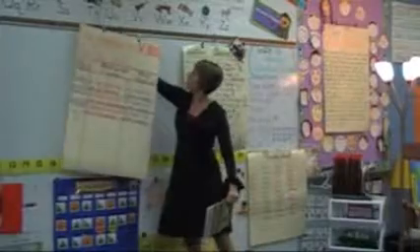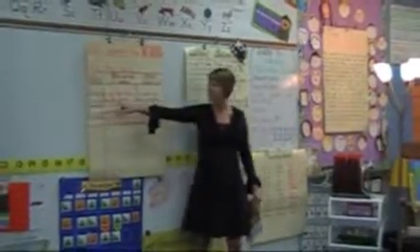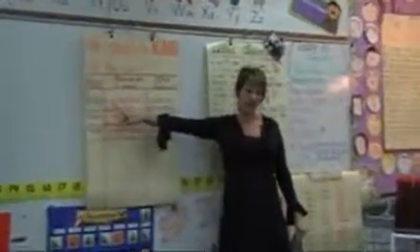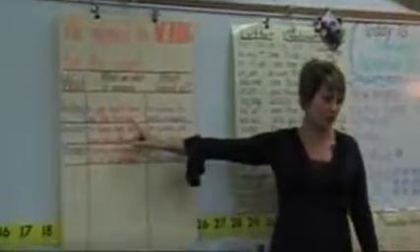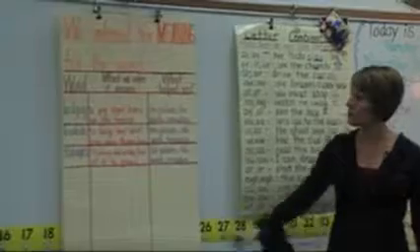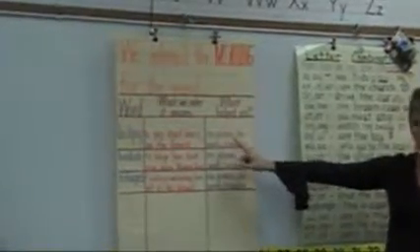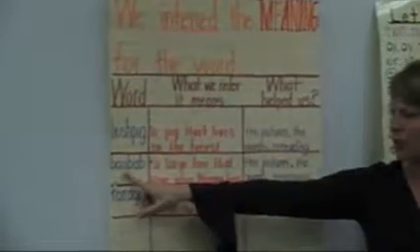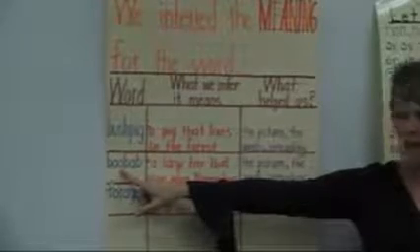But you know what we did? We were able to infer the meaning of bush pig. And we decided that a bush pig is a pig that lives in the forest. And we figured it out because we used the pictures, we used the words, and we go back and read.